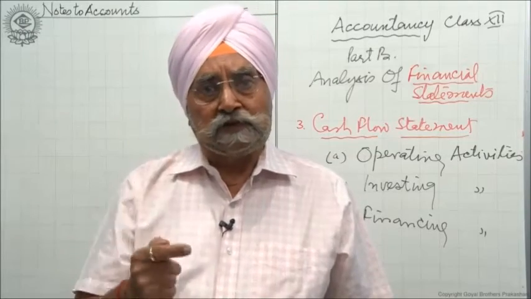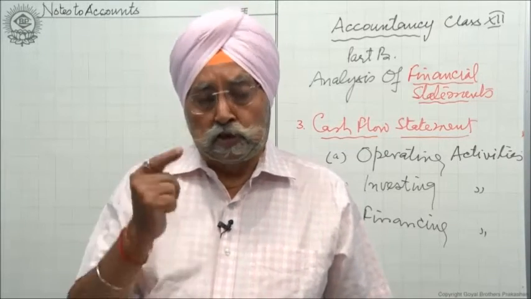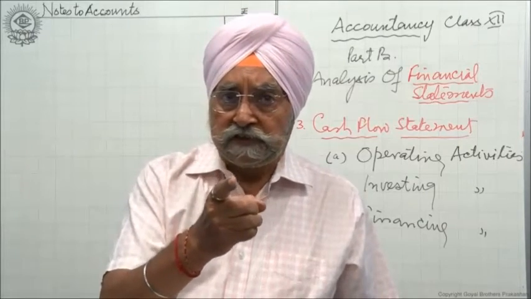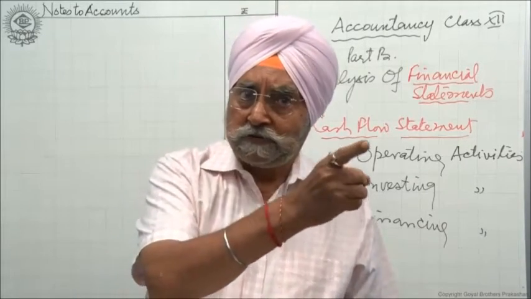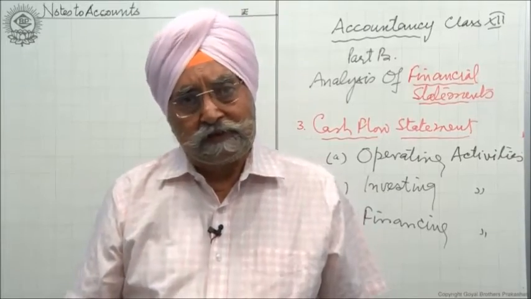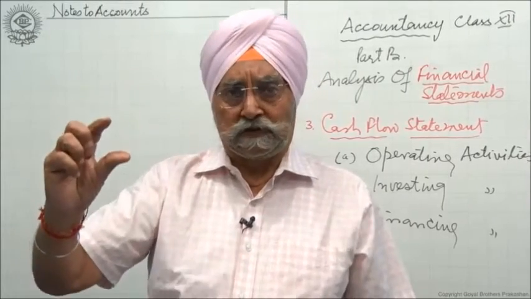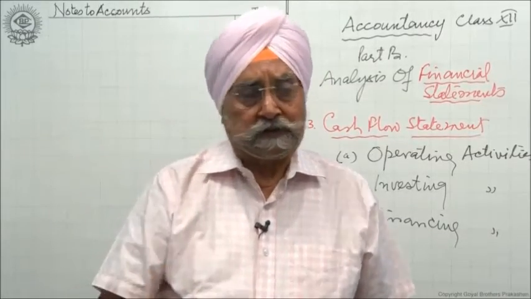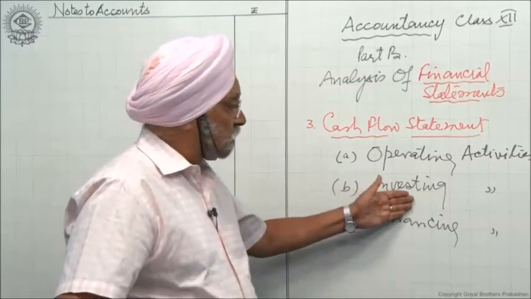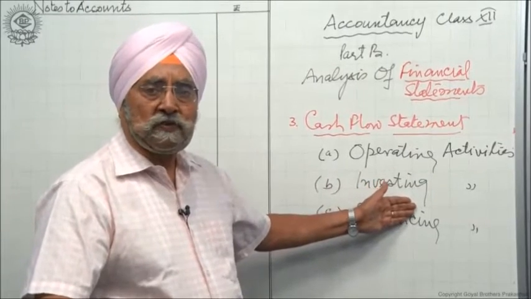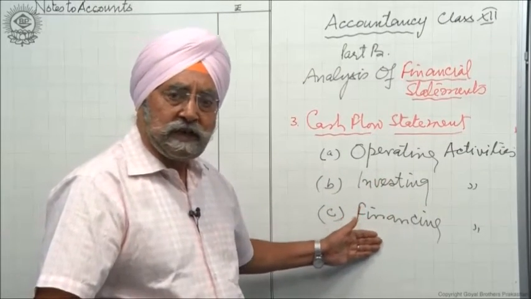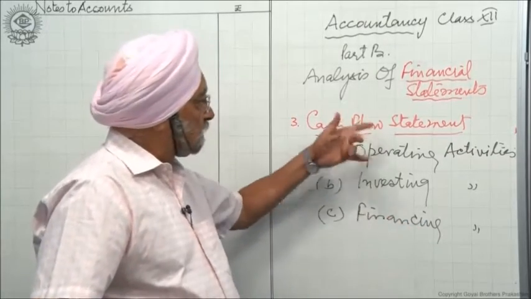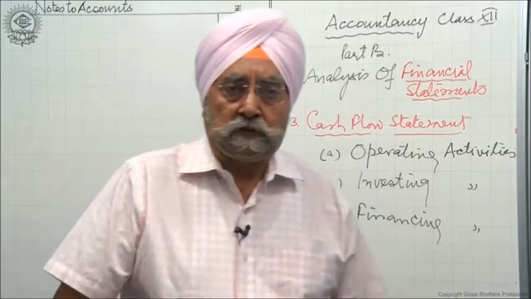So, cash flow statement will show how much cash has come from operating activities and how much cash has gone out from operating activities. We have the net cash inflow or outflow from operating activities. Similarly, we can find out net cash inflow or outflow from investing activities, net cash inflow or outflow from financing activities, and this is shown by the cash flow statement.